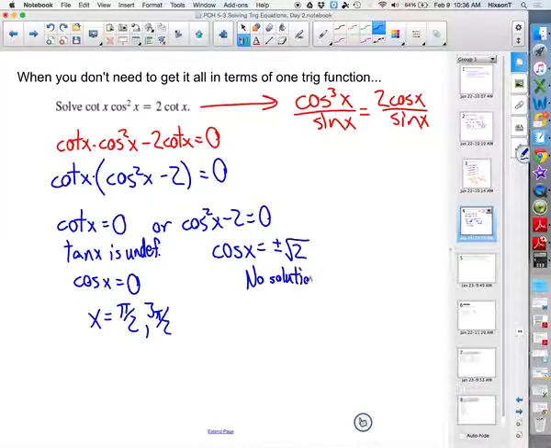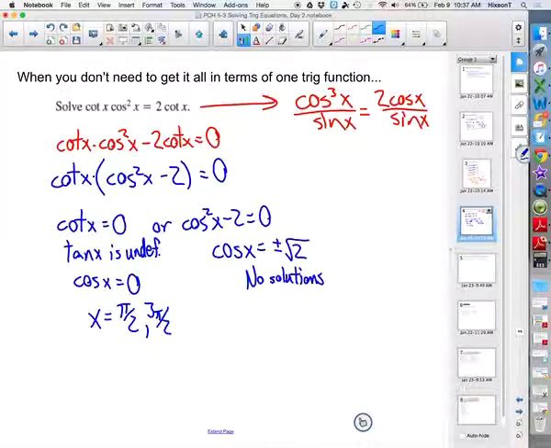Well, cosine equals 0 for this part over here, but we can look at the two parts independently. Come on, think. What do we know about cosine? Less than 1, or more. What is the square root of 2?